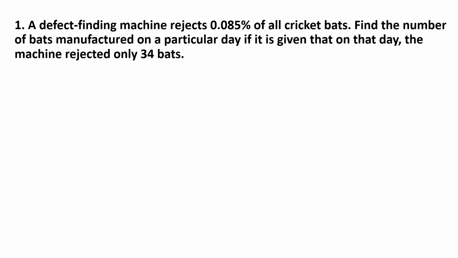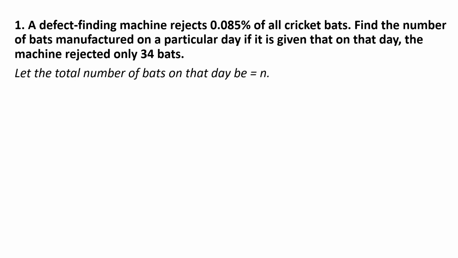So let us take the number of bats manufactured on that particular day as n. Now it is given that 0.085% of the cricket bats are rejected. So comparing with the total number of rejected bats, we have 0.085% of n is equal to 34.